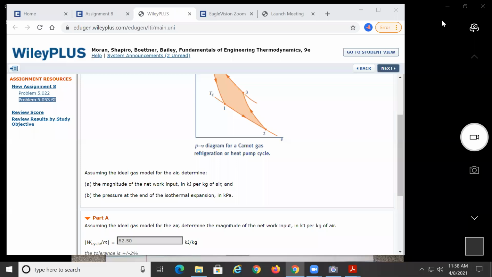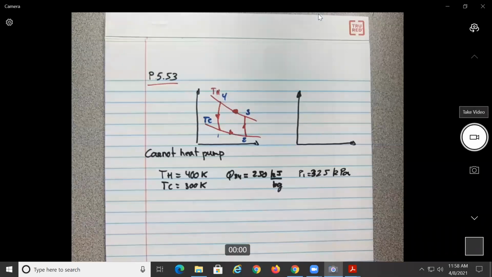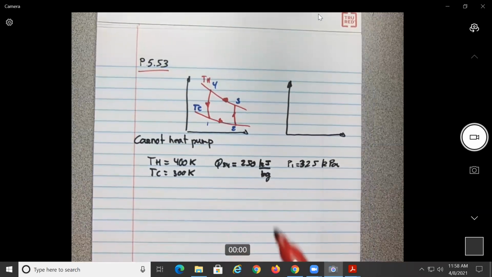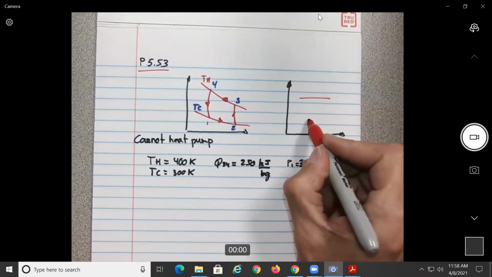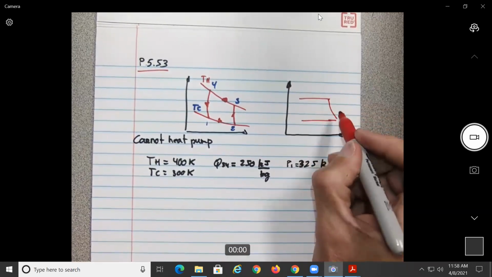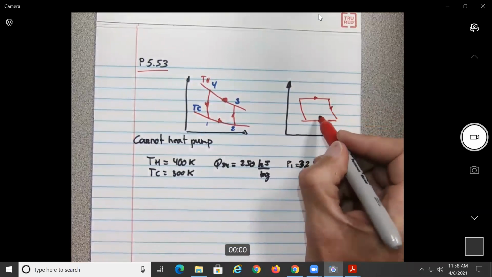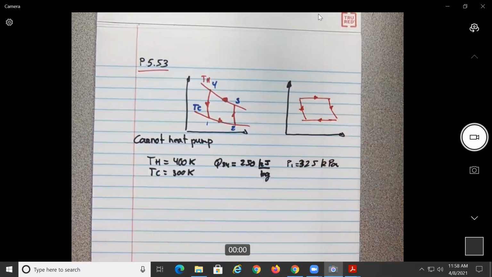Okay, so what I need to do is understand what's going on here. Personally, for me, Carnot cycles are always between two different pressures. So I like to do this, okay? I don't know where each one of these lines would be, but that's what I do.